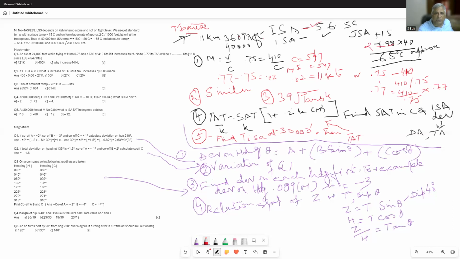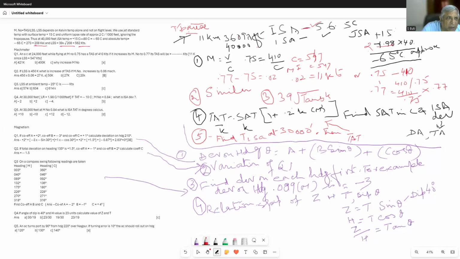So as per JSA, at 40,000 feet, the ambient temperature will be plus 15 at mean sea level, minus a fall of 80 degrees, it will be minus 65 degrees Celsius approx. Then you can add 273, you will get the Kelvin temperature, and 39 times square root of the Kelvin temperature, you will get the local speed of sound under the existing conditions.